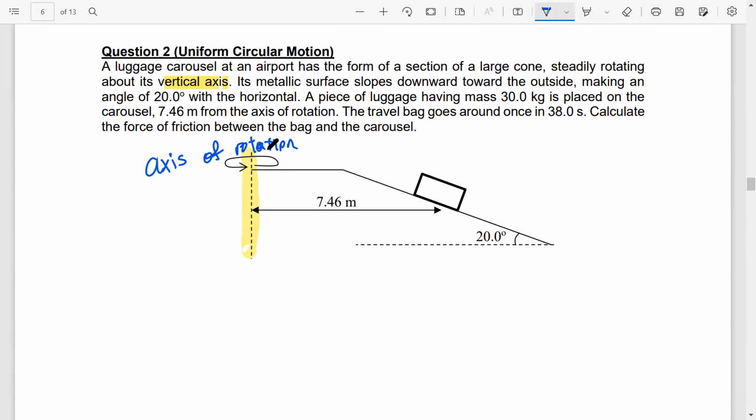When we talk about 3D objects, it's no longer clear when we talk about a center of a circle. Let's say you have a ball and we say that it's going to rotate about the center. What does that mean? There are many possible directions. So we use this thing called axis of rotation. We say it's going to rotate about this axis, then you know how it's going to rotate.